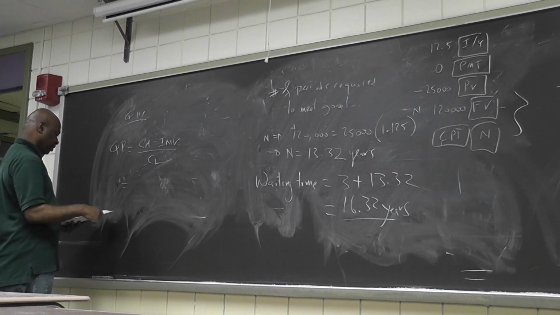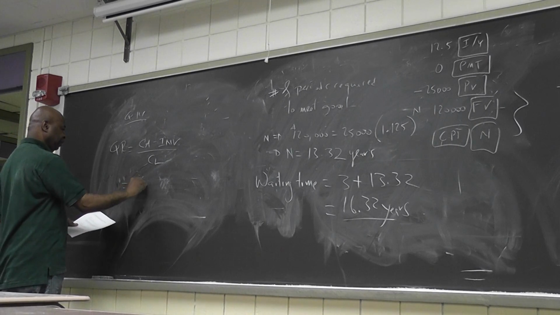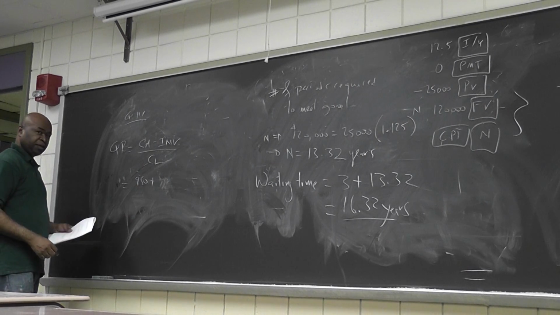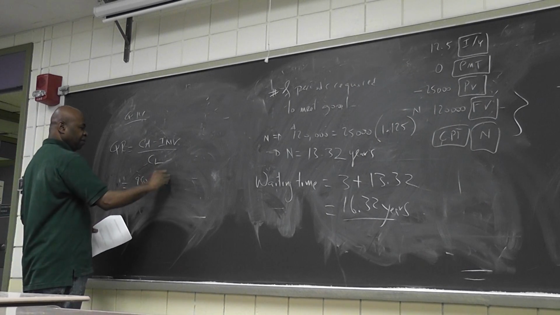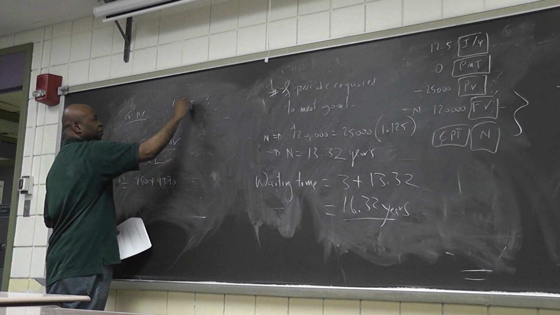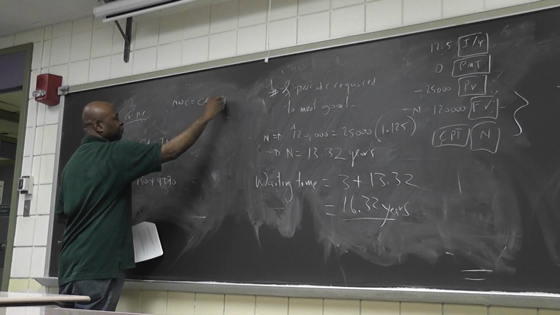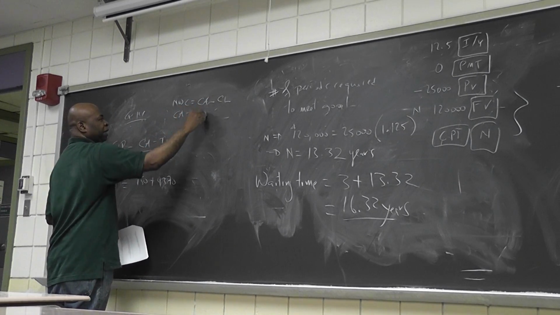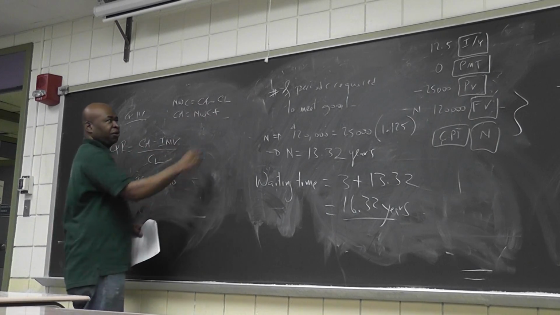So it's going to be 950 plus 4370. Why? Because recall that net working capital is really current asset minus current liability, so therefore current asset is my net working capital plus current liabilities.